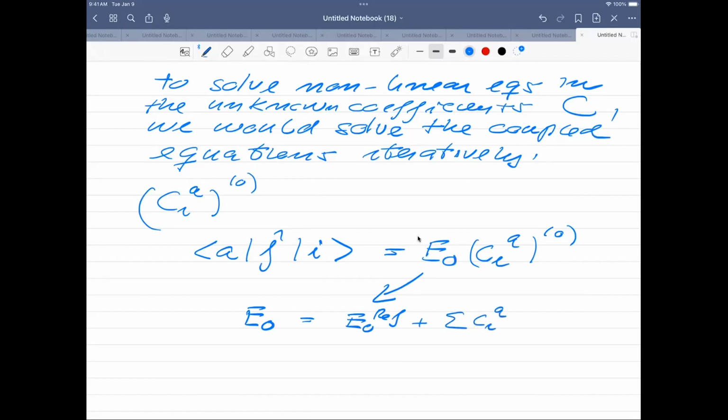And then we have now a term here which contains the specific matrix elements, this <i|f|a> plus the term with C_ij^ab, and then I have my <ij|v|ab> anti-symmetrized. So what you see now is that even this term, E0, contains the unknown coefficients.